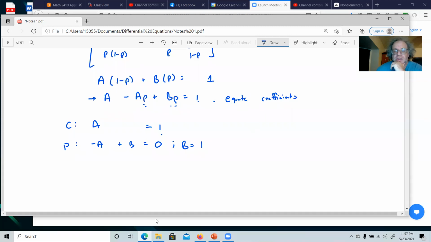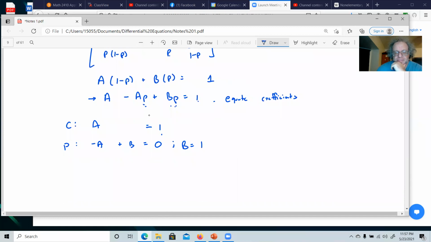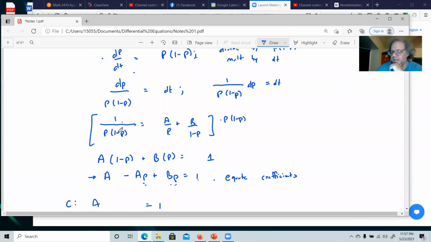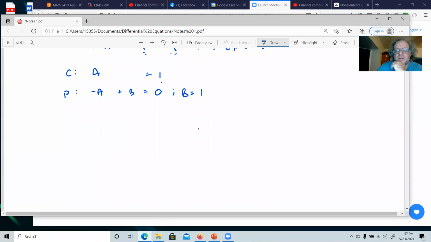Okay, so our equation here, we have 1 over p times 1 minus p is equal to 1 over p plus 1 over 1 minus p. So this breaks down to dp over p plus dp over 1 minus p, and that's equal to dt.